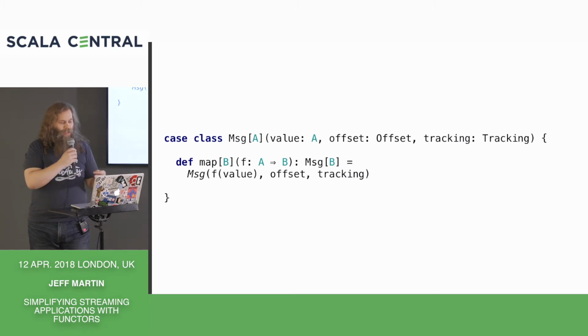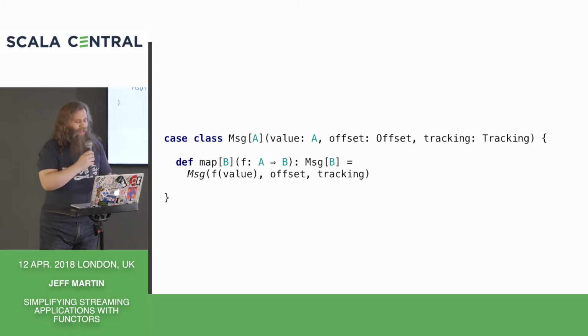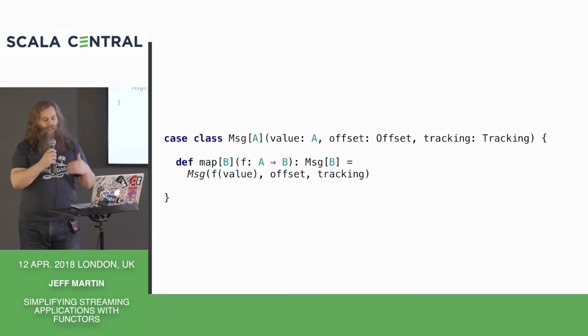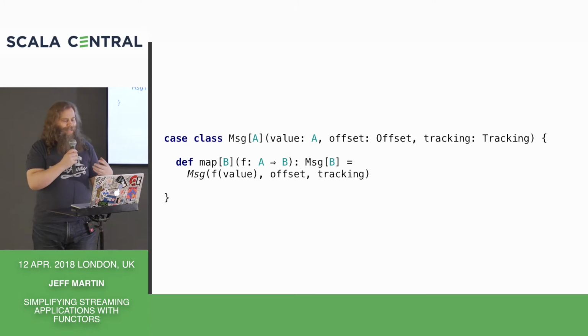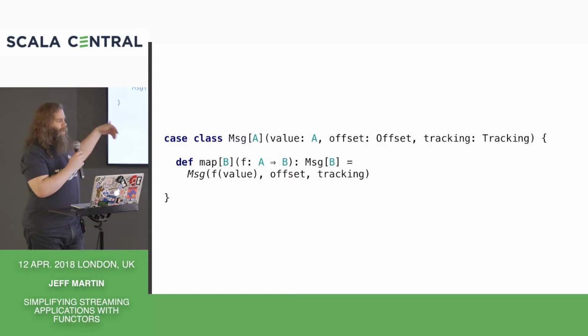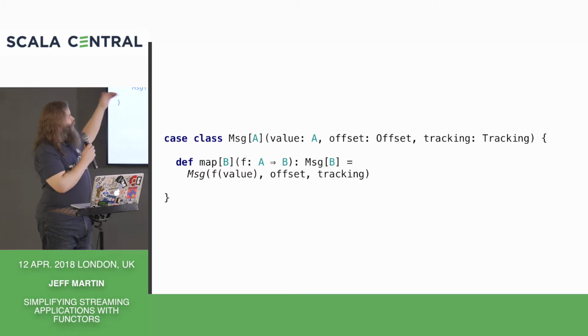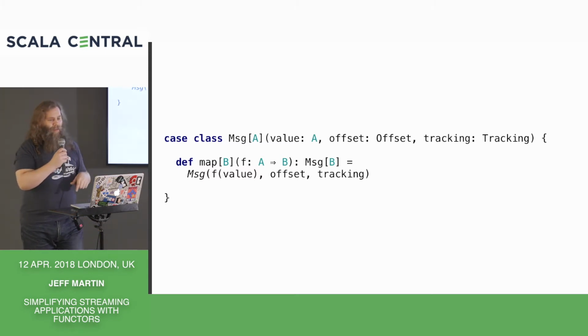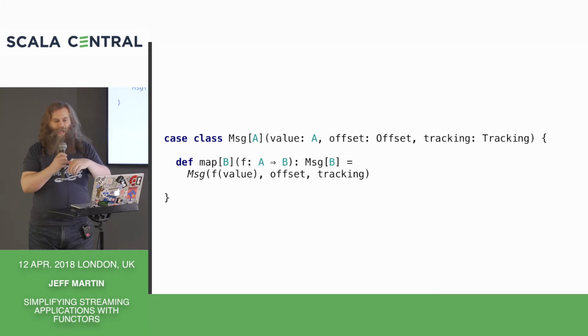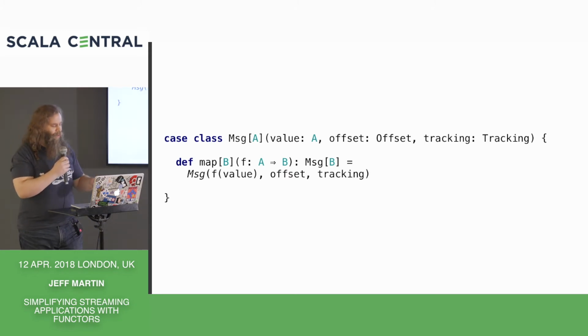So we can use this with our data. So we can actually implement our message object as a functor, which allows us to then separate out. So here, inside the message object, it's dealing with the concerns of the offset and tracking, and the F in here, the A to B, that's our business concern that we're injecting into the functor for processing.